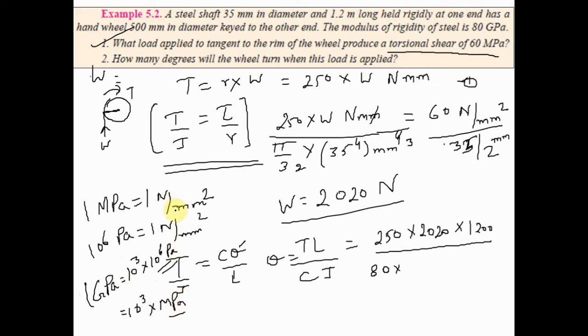So in totality, 1 gigapascal is 10 to the power 3 Newton per millimeter square. So 80 gigapascals we can write as 80 times 10 to the power 3 Newton per millimeter square. Why are we doing this? Because everything we are taking in millimeters, not in meters. J again is pi by 32 d to the power 4, so you can substitute that here.